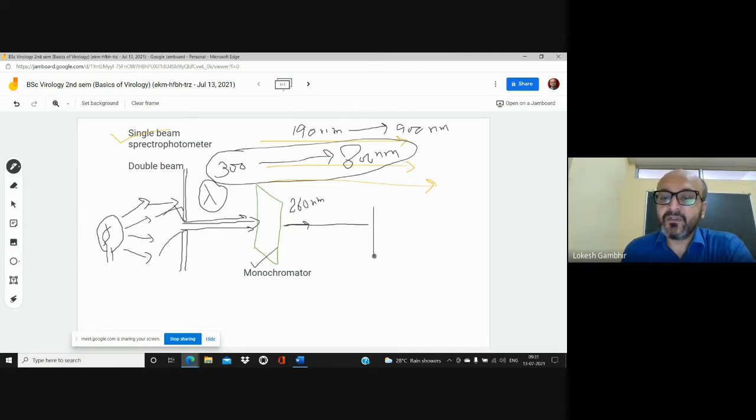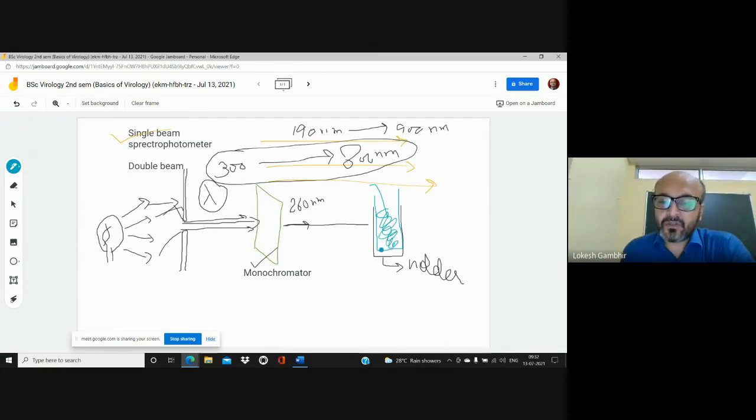Here you will have your cuvette, or first of all in the instrument there will be a holder, the place where you can put your sample, and in this place you can put your cuvette. Cuvette is the vial or the tube in which you have filled the test sample.